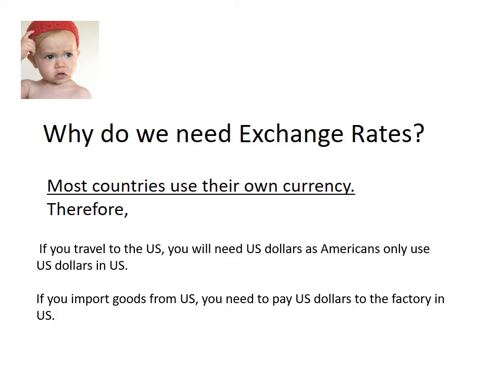Now, why is it that when you go to a supermarket and buy US grapes or US products, you pay in Sing dollar? Because the importer has paid for you first. The supermarket has paid the US sellers for you, and then sells to us in Sing dollar.